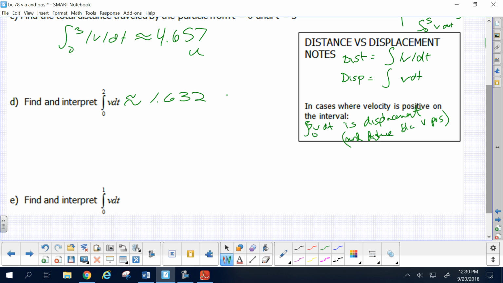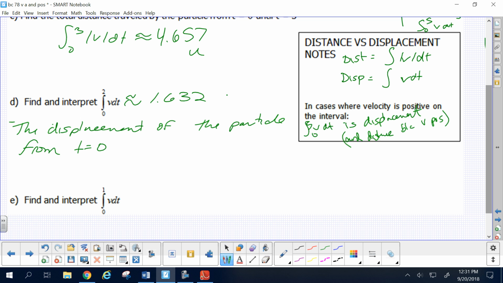First, this is the displacement of the particle.